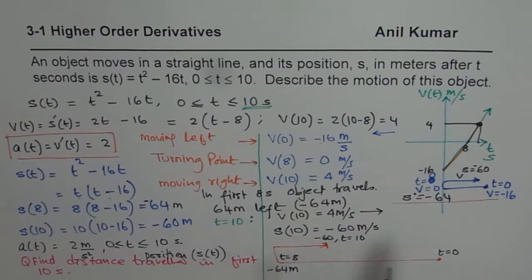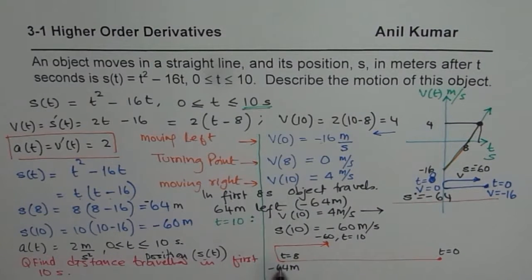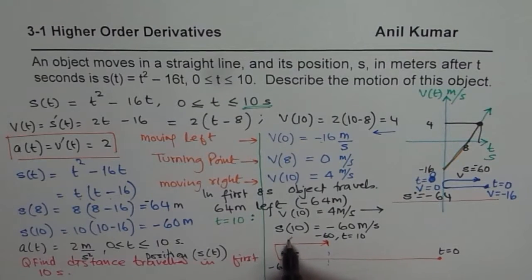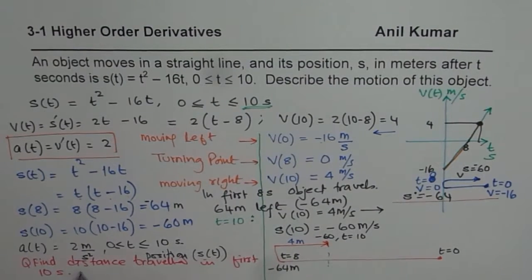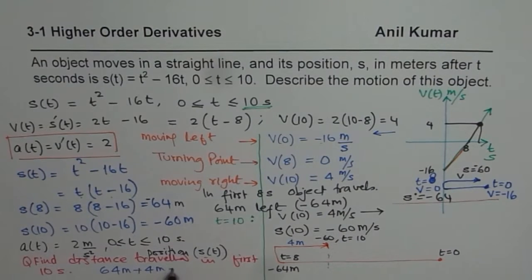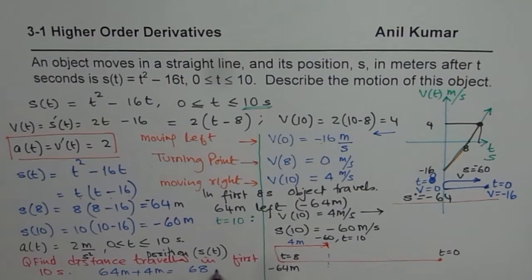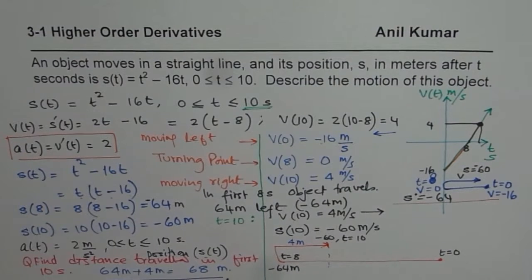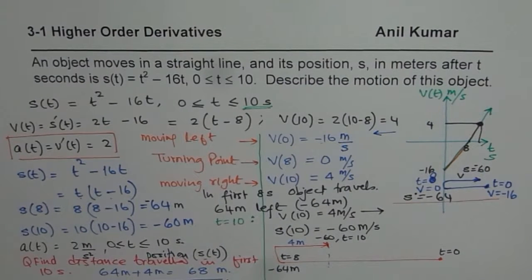And the answer for this is the total distance traveled is 64 meters plus 4, because this distance is 4 meters, right? So the total distance is 64 meters plus 4 meters, and that is 68 meters. So during the first 10 seconds, the object travels a total distance of 68 meters, right?